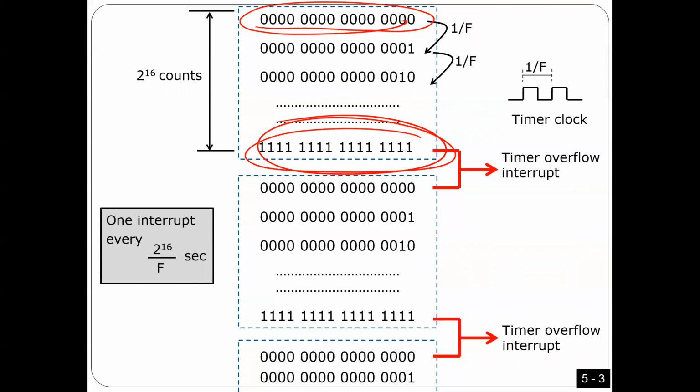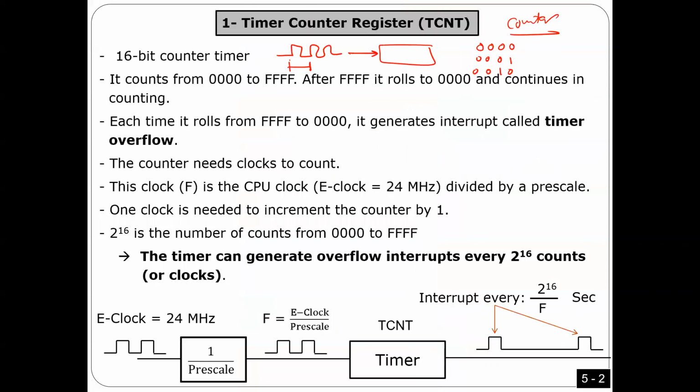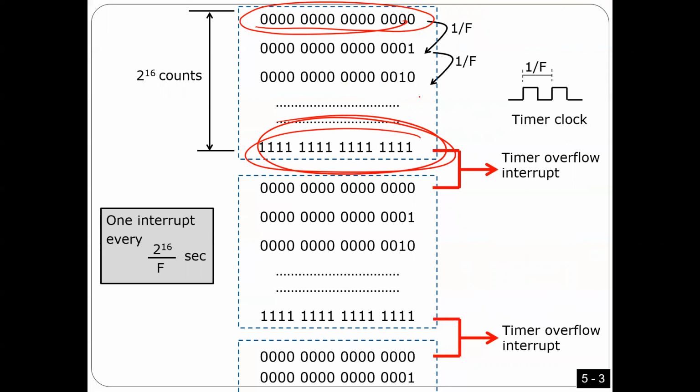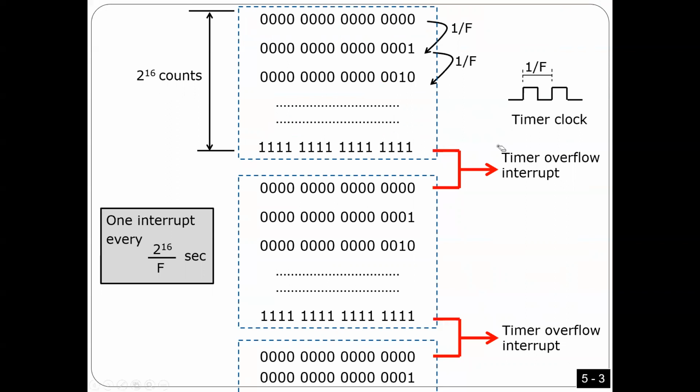Again, let me finish piece by piece, and then I'm going to connect all of them together. Let's only focus on this piece. In this piece, what I'm saying is we have a counter. It has a clock, as you see here. This is a cycle. The time of each cycle is 1 over f, where f is the frequency of this clock.